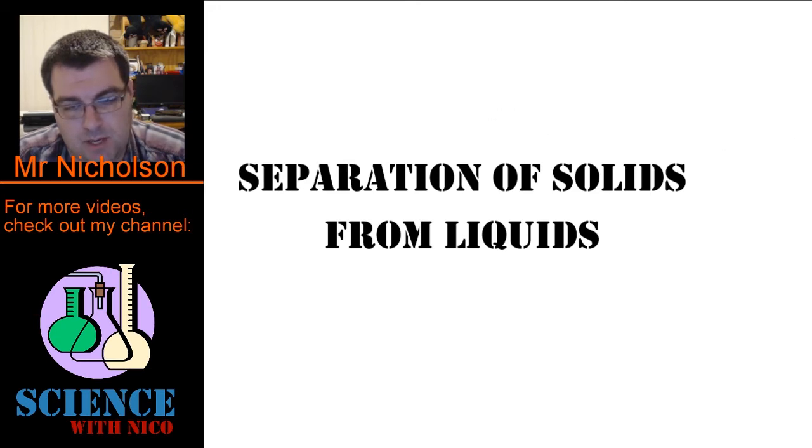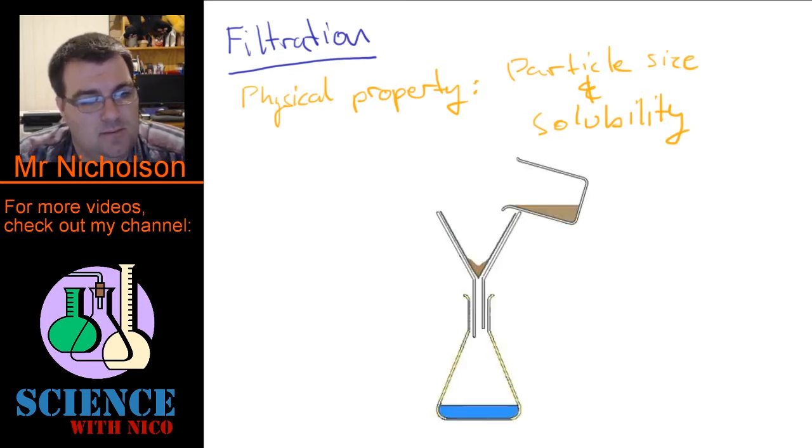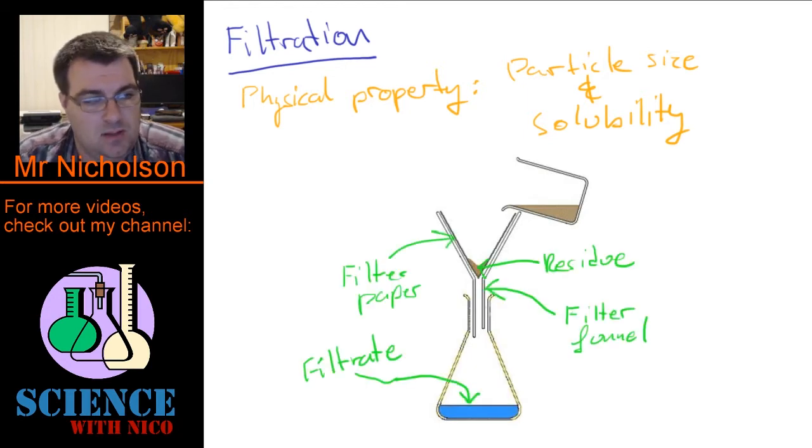Alrighty, so our first technique is filtration. That technique relies on the physical properties particle size and solubility. When we have a finely divided material and we're filtering it, we're reliant on the filter paper to stop it on the basis of its particle size.